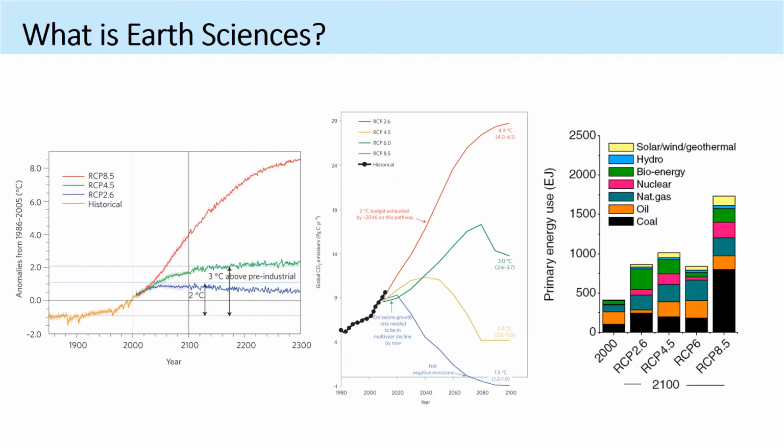Whereas in the blue one, for us to keep below 2 degrees Celsius of warming, we have to drastically reduce our emissions over the next few decades. And in the later half of this century, we have to have zero or below emissions. So we have to have negative emissions. That's not just not burning fossil fuels anymore, that's actively taking carbon dioxide out of the atmosphere and putting it in the ground.